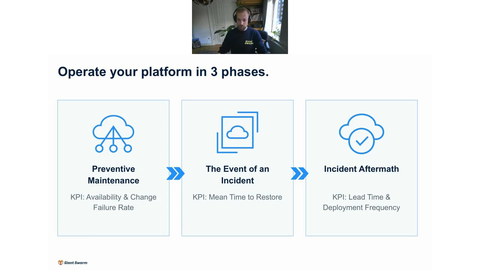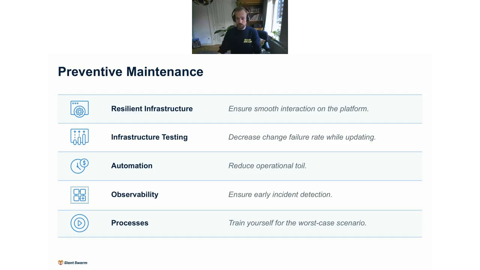To give you some insights, I brought some bullet points for preventive maintenance. The best practices we follow: we try to have a resilient infrastructure and ensure that all the open source components we use for the platform interact smoothly.